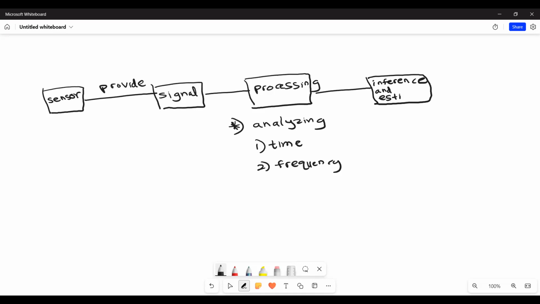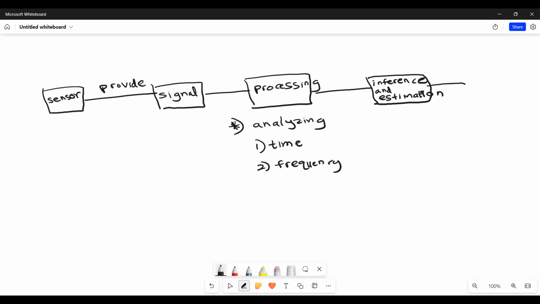I'm sorry, my writing is like this. Inference and estimation, okay? In that stage, we are estimating the data we have to a certain output.